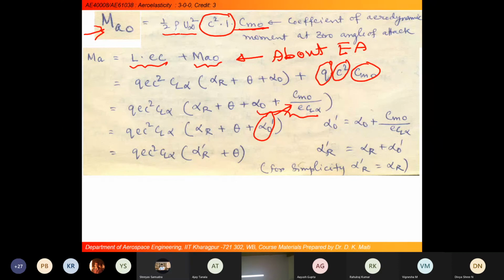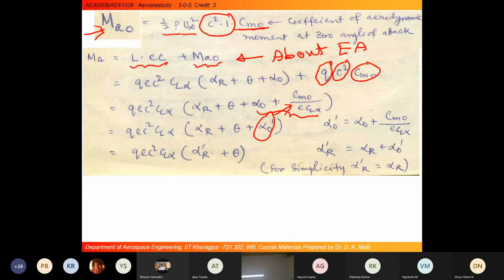Yes, sir. About the elastic axis, I have first considered the lift force developed at the aerodynamic center. The aerodynamic moment I have transferred to the elastic axis because I am interested in the equilibrium condition of this aeroelastic system, where the external moment is nothing but the aerodynamic moment, and the internal resisting moment is the restoring moment, which can be calculated because theta is the elastic angle of attack.